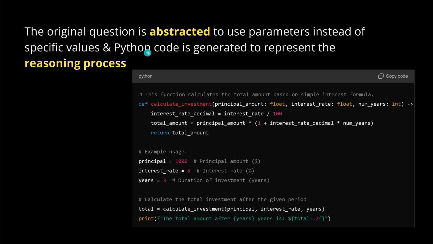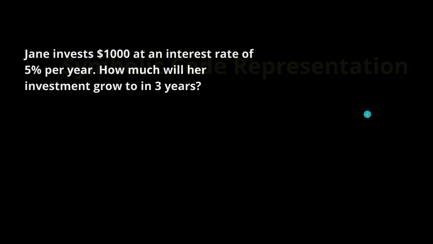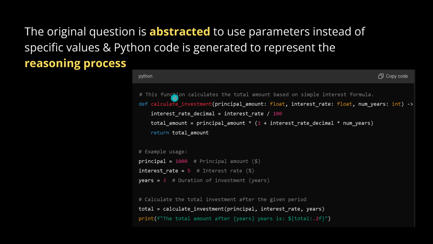And what we do here, I will show you in the first run, a Python code. A Python code is generated here by ChatGPT 4 Omni to represent the reasoning process of our exact example. This is what we are going to focus on. The function calculates the total amount based on the simple interest formula.